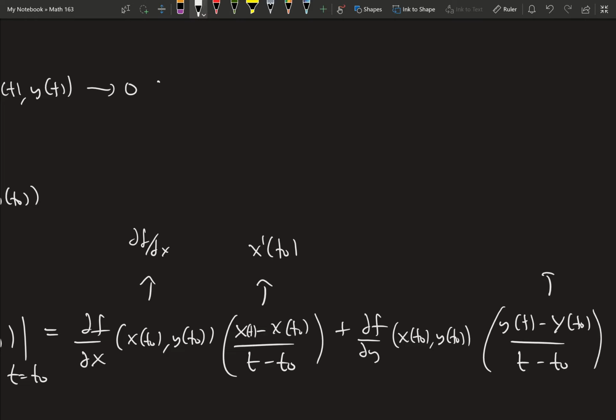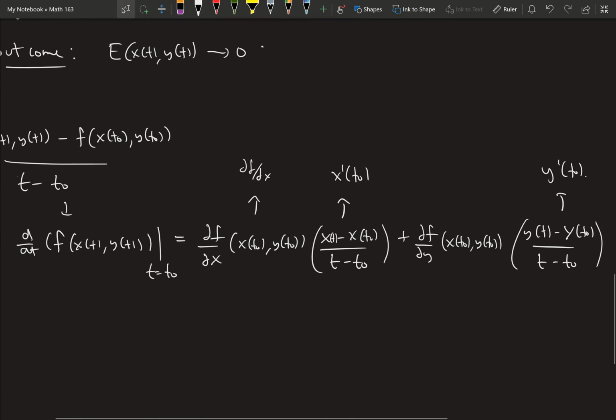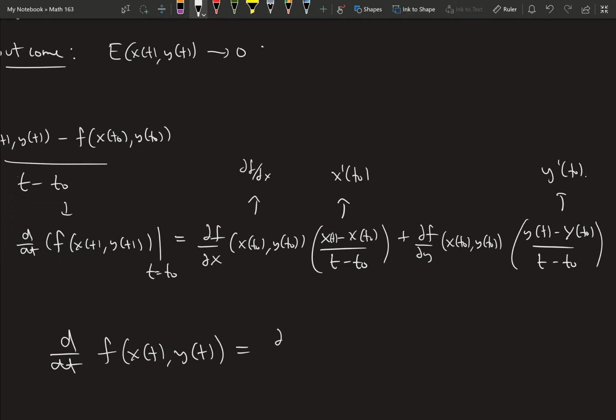This term goes to y prime of t naught. And so from this overall, you get the formula, as I stated earlier, that this is equal to del f del x dx dt plus del f del y dy dt.